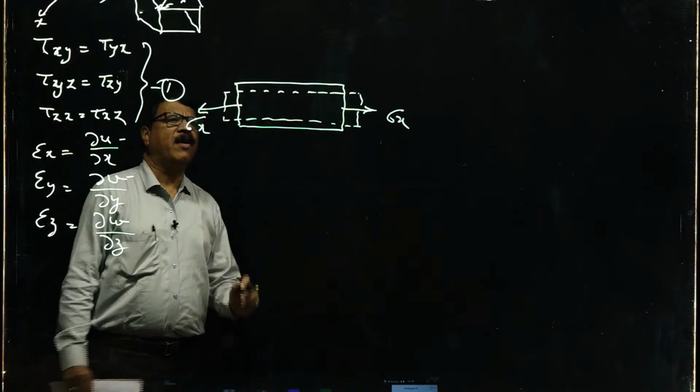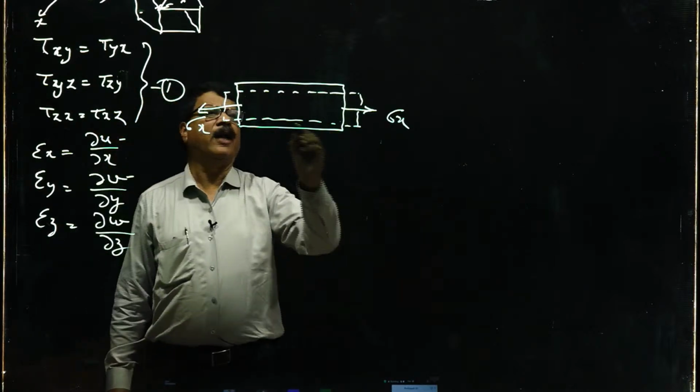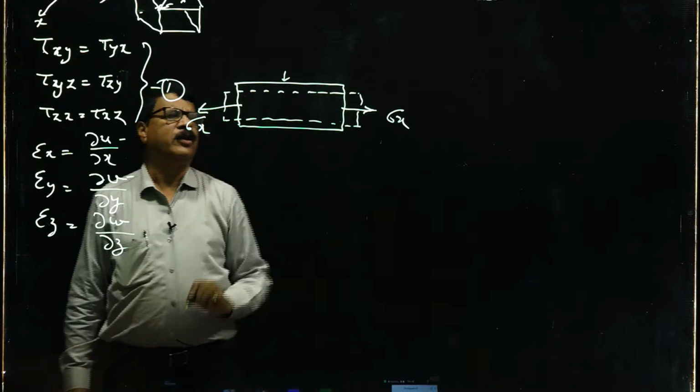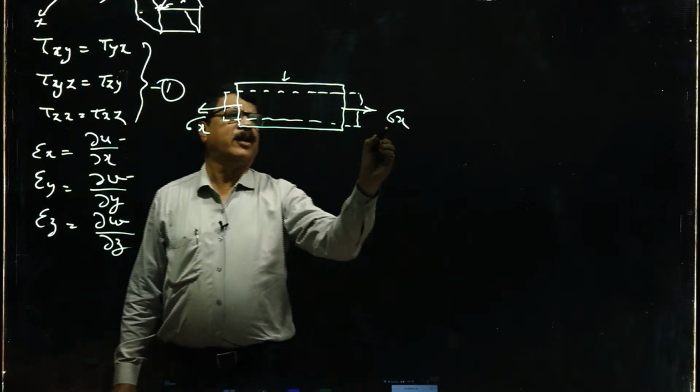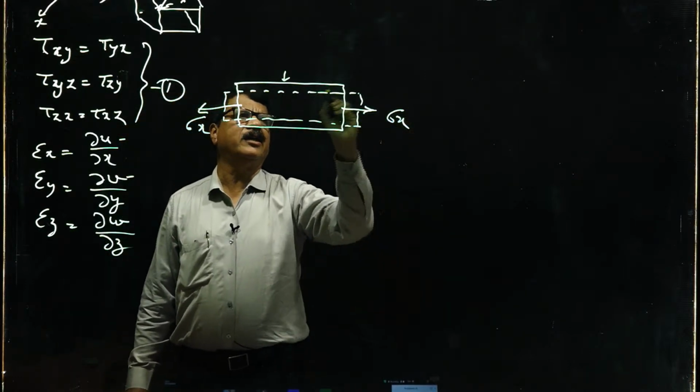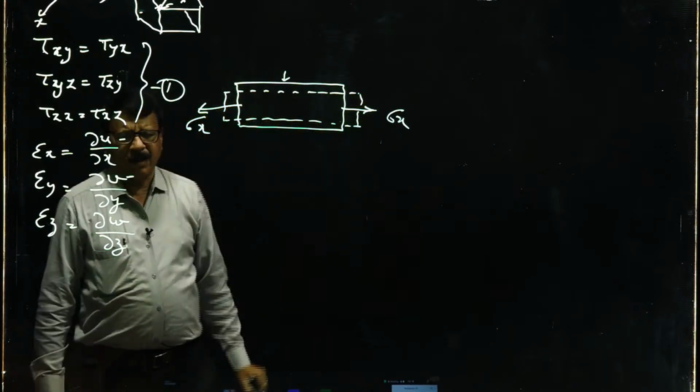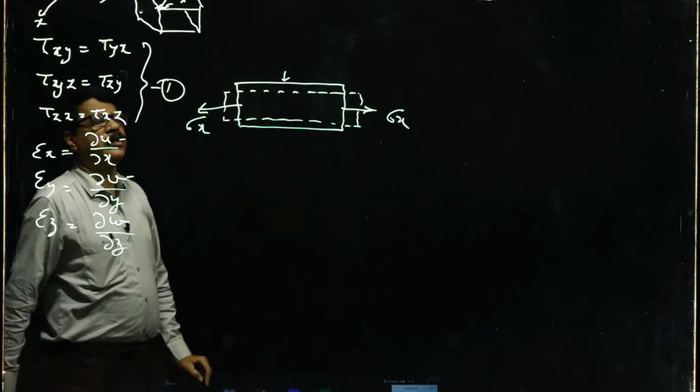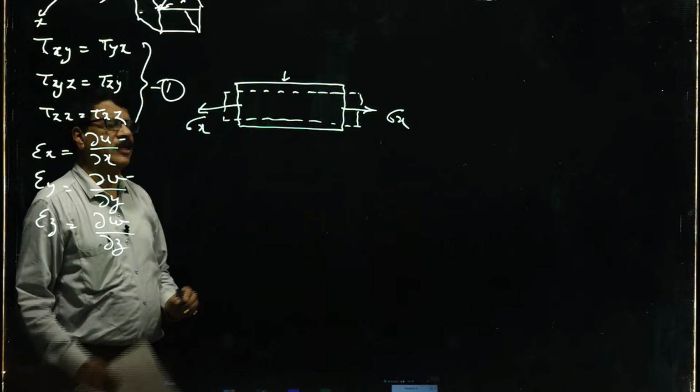But apart from that direction, other directions are also affected. So the force in one direction creates elongation, and this strain affects the body in the other direction also.